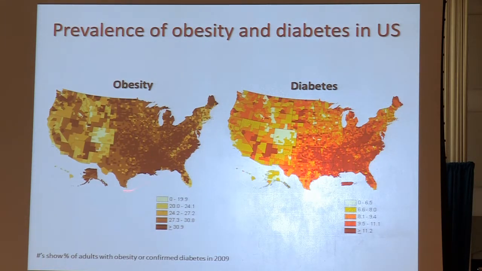And what you can see here is there are regional differences in obesity, with some regions of the country upwards of 30% of adults considered obese with a BMI greater than 30. And that goes hand in hand with a little over 10% having diagnosed diabetes. And that's diagnosed, so you can imagine the undiagnosed are even higher than that.